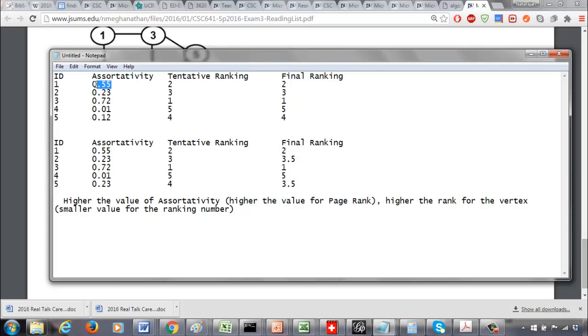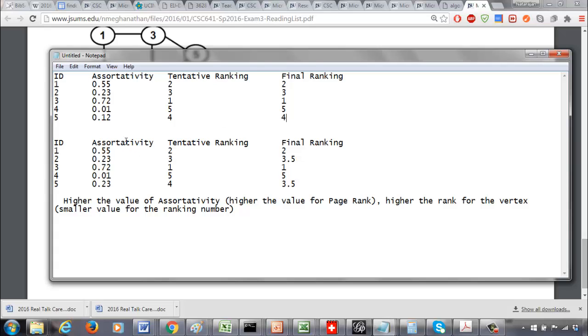Then 0.55 is the second largest, so that's rank 2. And then 0.23 is the third largest value, so that's rank 3. And then 0.12, that will be the fourth ranked vertex, and then 0.01, that will be the last ranked vertex, rank 5. Now here the assortativity values are unique, so your final ranking is same as tentative ranking.